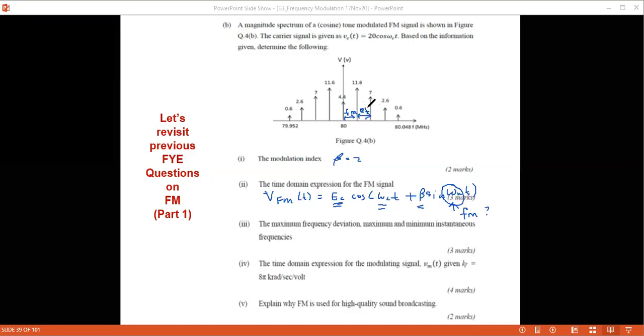Okay, so this is another Fm. From here, 80 to 80.048, we have 1, 2, 3, 4 Fm.